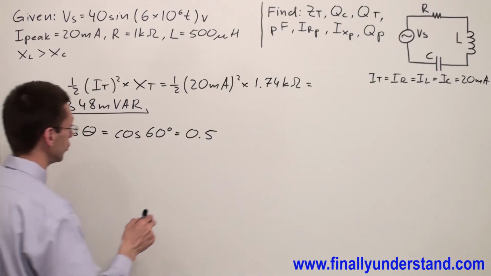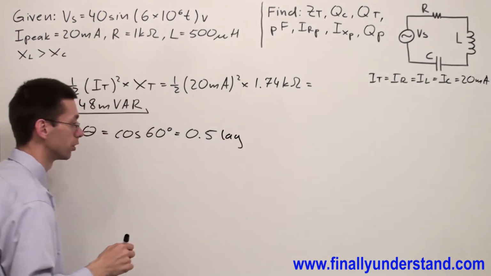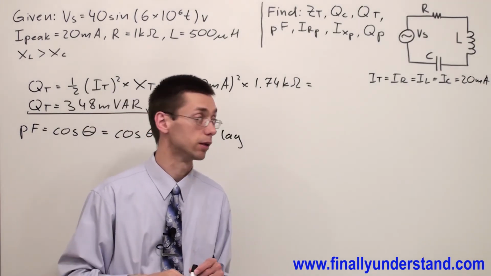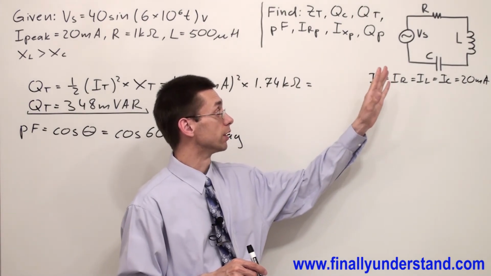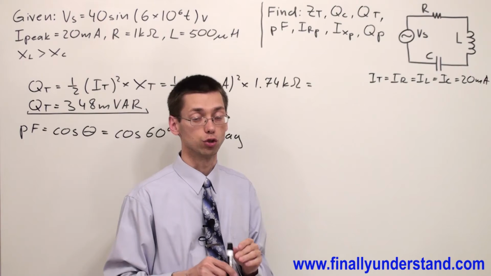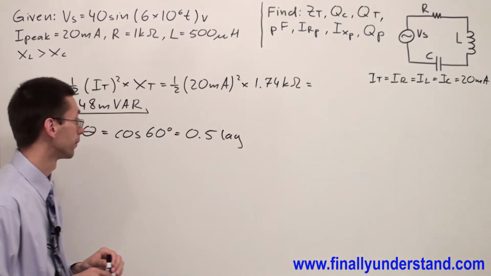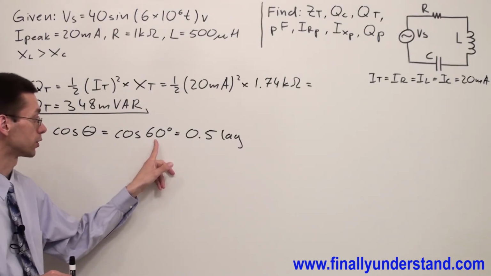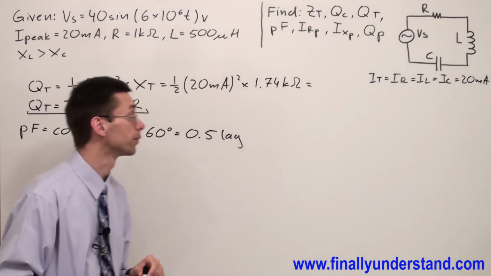That's why I'm going to write the word lag, because in the inductive circuit the inductor is going to take over the capacitor, and current is going to lag the voltage source by, in this case, 60 degrees, okay? That's why I'm supposed to put the word lag next to the power factor.